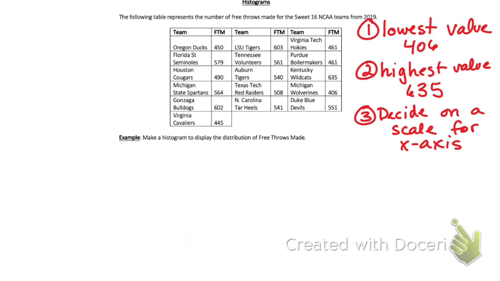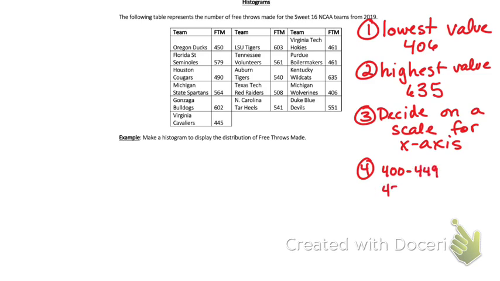All right, so how can I get from about 400 to about 650 and have somewhere between 5 and 10 categories to put things into? 50. By 50s? That sounds a little better. Okay, I like it. So we're probably going to go by 50s. So we need to make basically a frequency table. We need to go from 400 to 449.